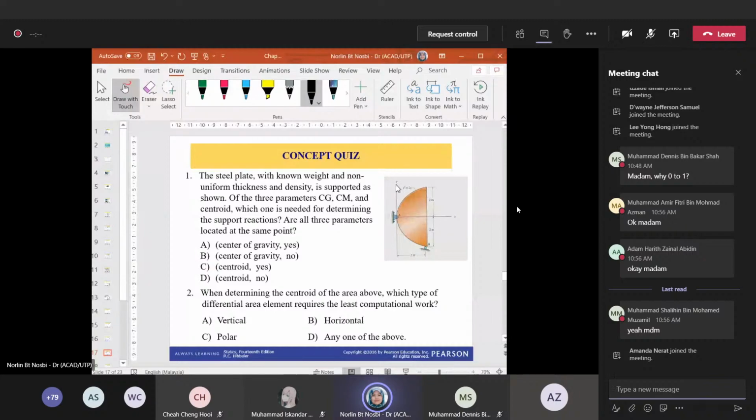The clue here is that the weight and the thickness are not uniform. So if it is not uniform, it refers to what? Which one supports the reaction, center of gravity or the centroid? Okay, which one?